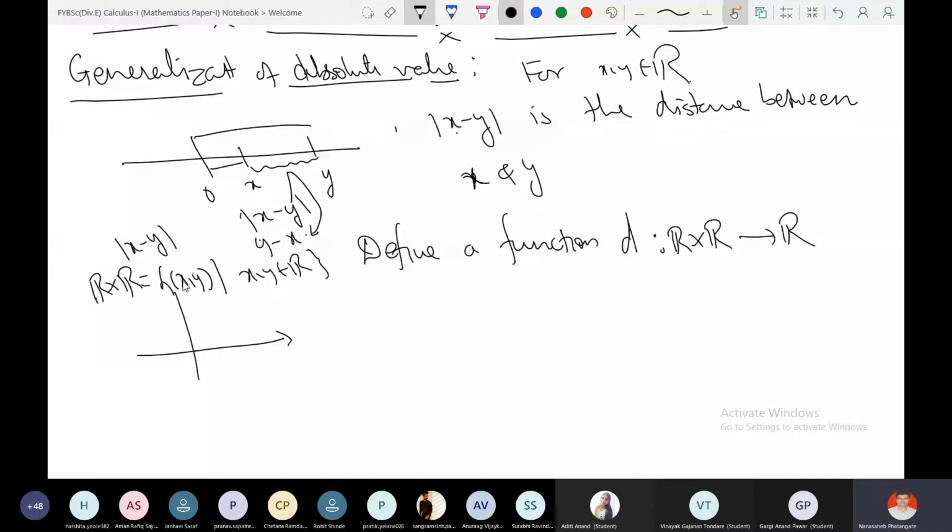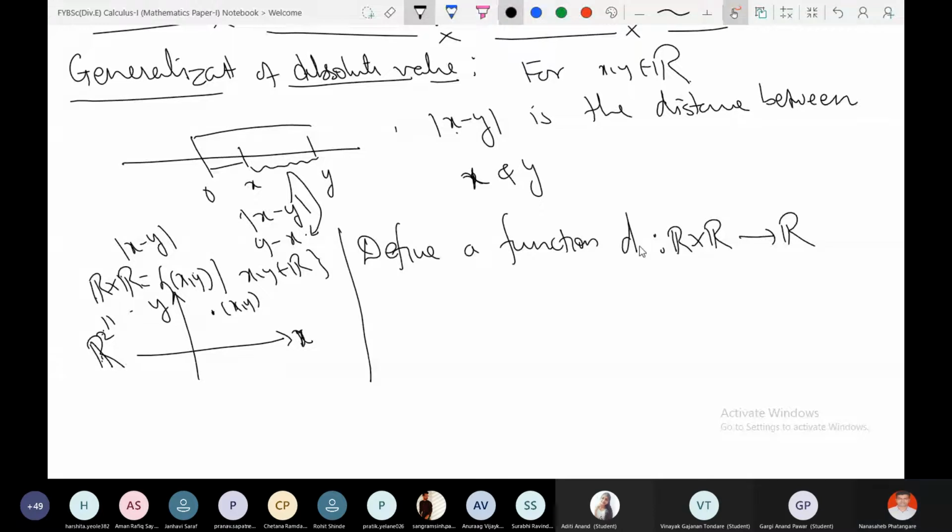And if you identify these numbers as points in the plane, and I call this the first axis, that means the first component coming from this, and I call it the x component and the y component, then I can identify elements in the plane. Therefore R cross R is nothing but the plane, which is denoted by R2, not R square. This is called R2. R2 means R cross R, so plane.